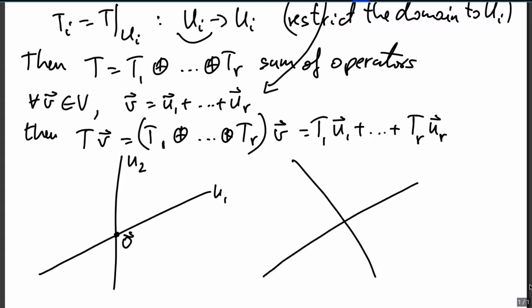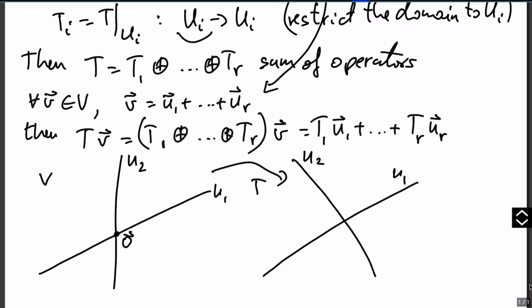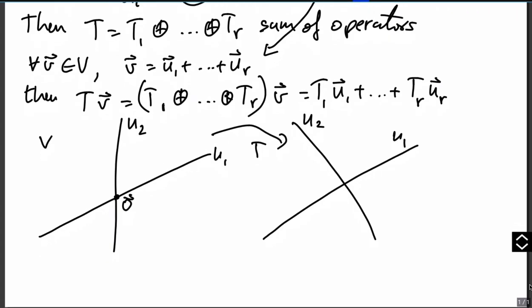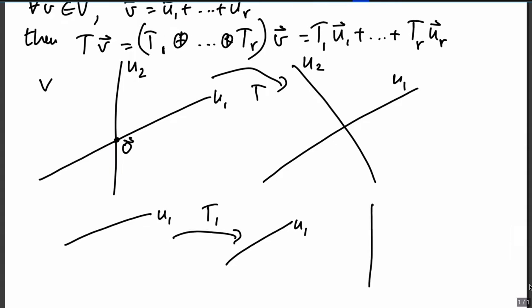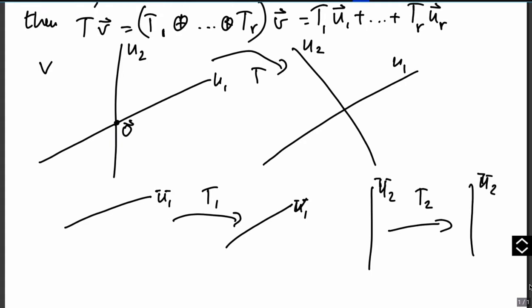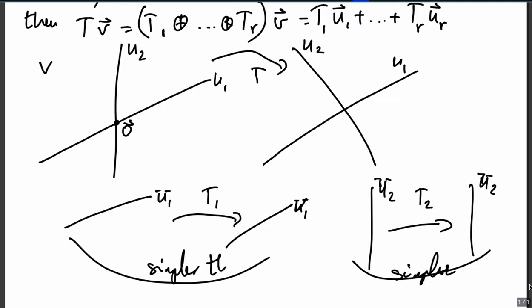Then the V space and the mapping, the T operator from V to V, might be complicated, but with this splitting of the operator into a sum, what we have is just from U1 to U1 the T1 operator, which is usually much simpler, and then we also have from U2 to U2 the T2 operator. So the idea would be that this is simpler than T.